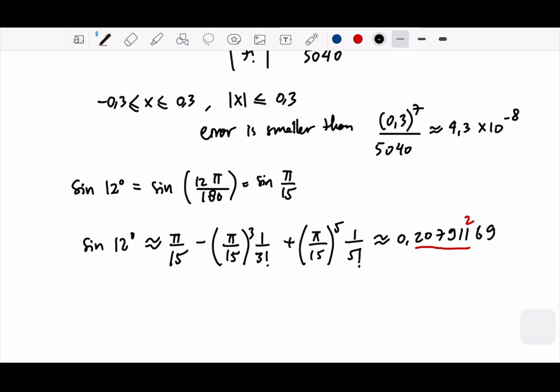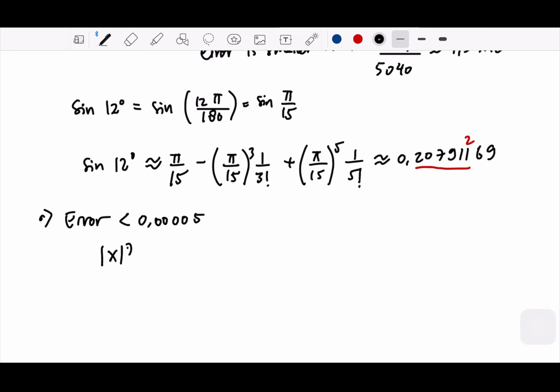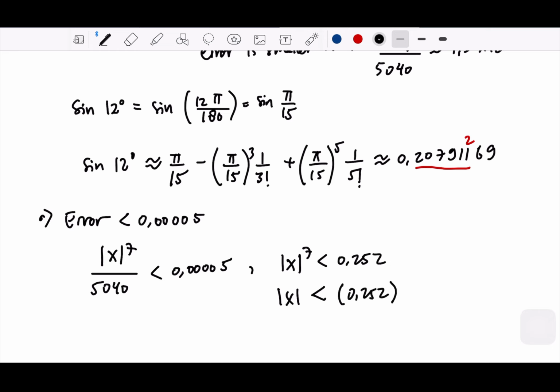And then the second question, or the third question here, the error is smaller than 0.00005. So we are going to use our equations, and we need to find the x. So we need to solve this, and this will be equal to 0.82.